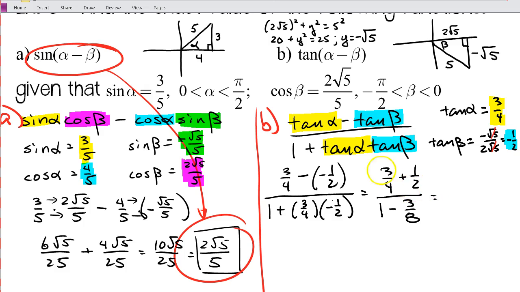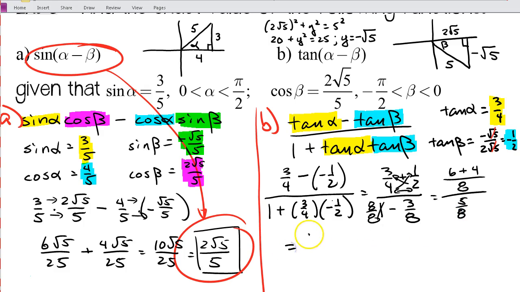So we can use our smiley face method down here if we want to. We don't necessarily want to because it's going to give us a denominator of 8. I guess it doesn't matter. We could try it. So we'll do 2 times 3 is 6, and 4 times 1 is 1, and then 4 times 2 is 8. And then over here, this 1 is really 8 over 8. Again, just finding a common denominator. So 8/8 minus 3/8 is 5/8.